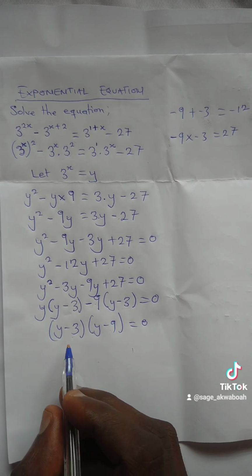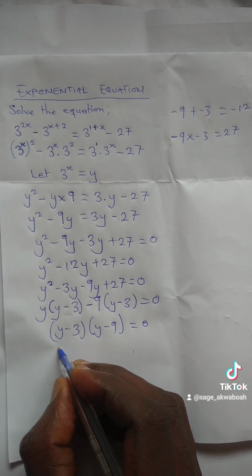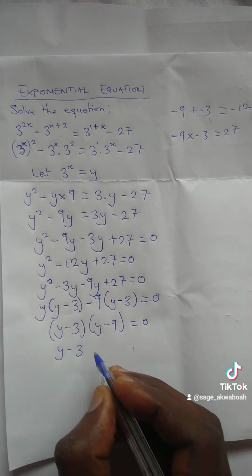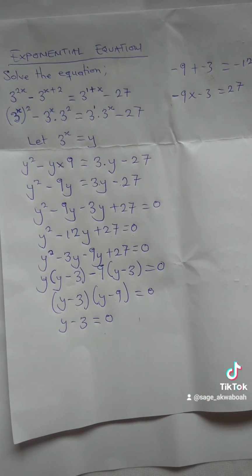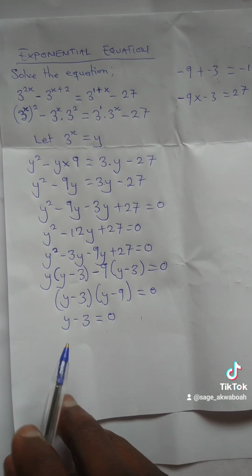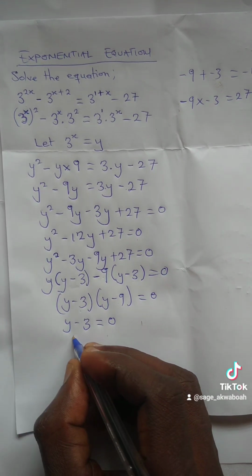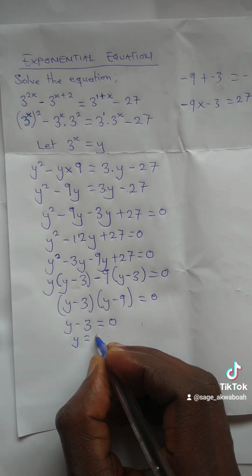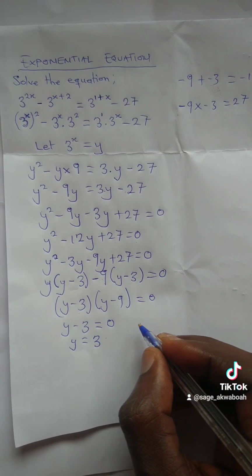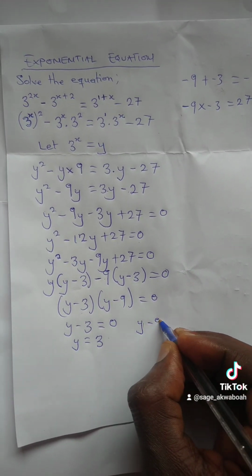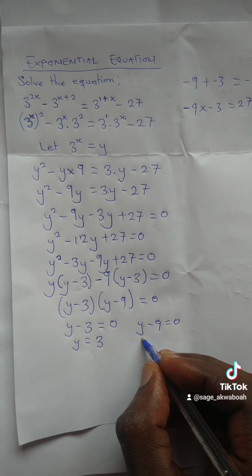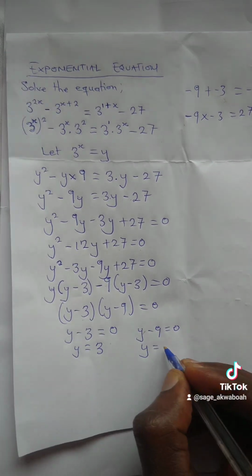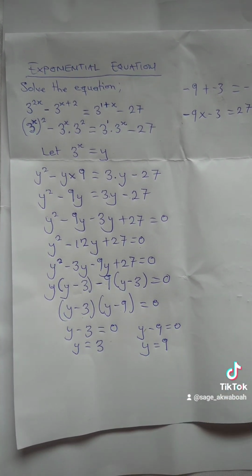So we pick the first bracket, equate it to 0, and solve for y. That means y is equal to 3. We pick the second bracket, equate it to 0, and solve for y. So that means y is equal to 9. Good.